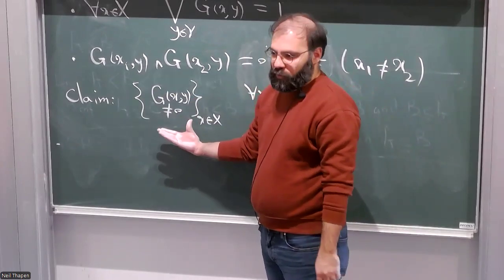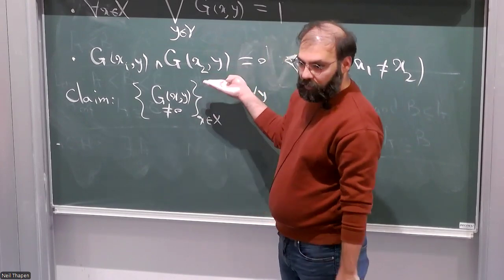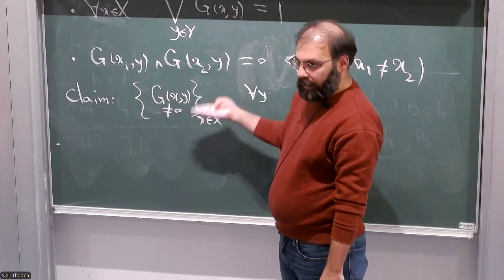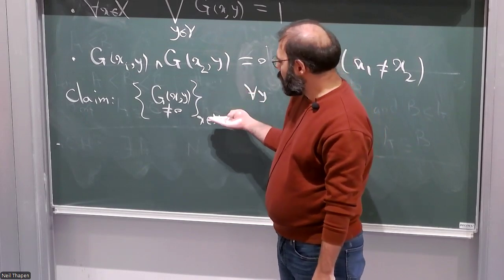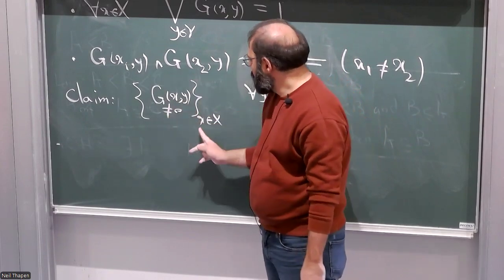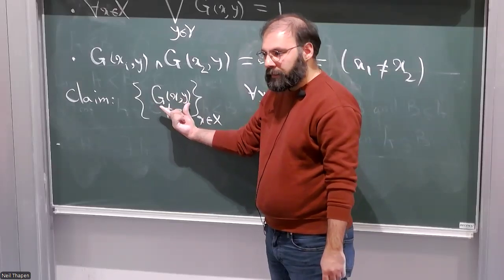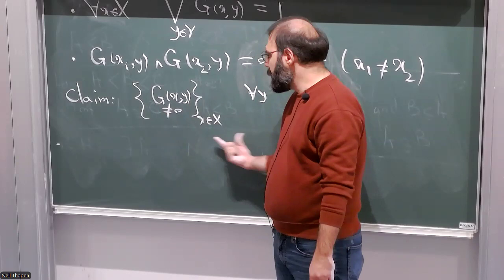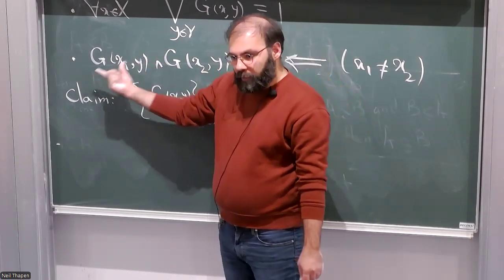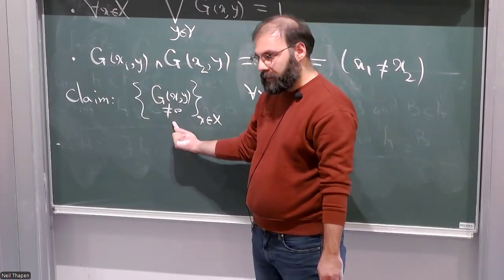This set is, of course, countable because of this condition, right? Also, I have to say that for different x's, I get different g's here. So the map from x to the values is also one to one, simply because if I have for different x's the same g, then that g becomes 0, which is against my assumption.